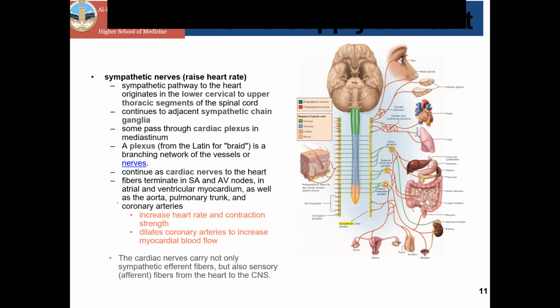Yes. The important thing from this slide is that sympathetic nerves raise heart rate, increase contraction strength, and dilate coronary arteries to increase myocardial blood flow. You know that dilatation of the coronary arteries also gives more oxygen to the myocardium, the heart muscle.